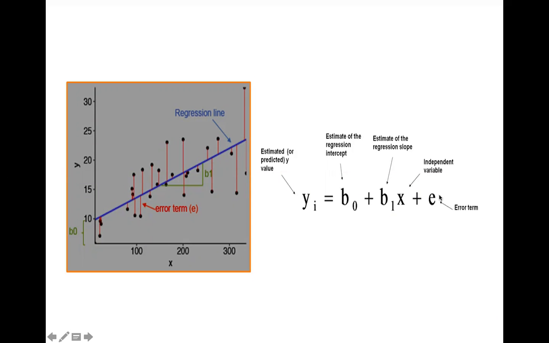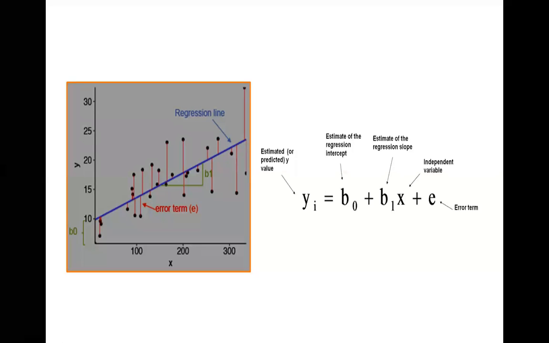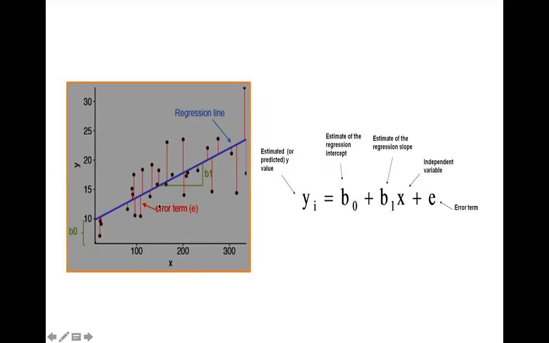And this is the error term. Error term says the difference between the data point and the line segment that you are drawing. That means it is a kind of accumulated, add-on difference: the difference of this point to the line segment, the difference of this point to the line segment. It is an add-on difference between the data point and the line segment. We cumulatively call it the error function.